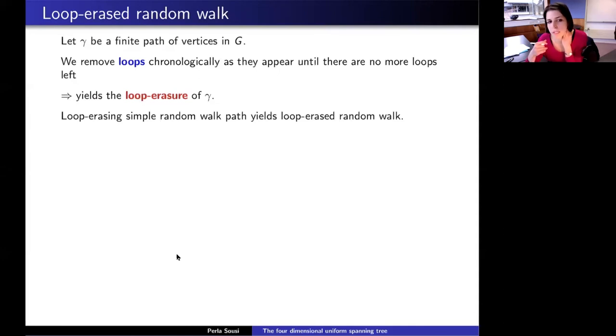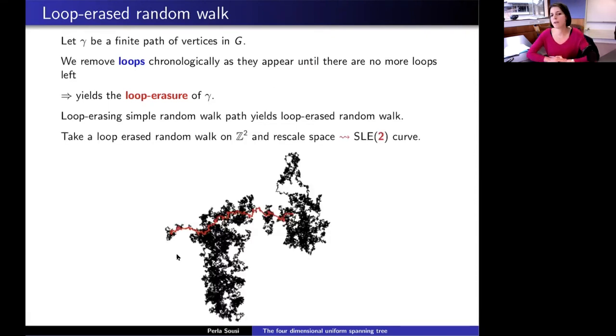But if you want to do this in 2 dimensions, for instance, when the walk is recurrent, one has to define it appropriately. And so in 2 dimensions, I just want to show you this picture. If you take a loop erased random walk on Z2 and say you wait until the first time that you exit a ball of radius n, and then you rescale it, then this is going to converge to what is known as an SLE2 curve.